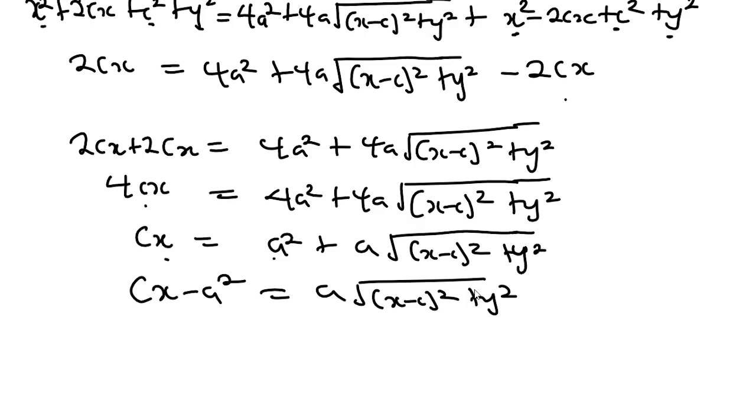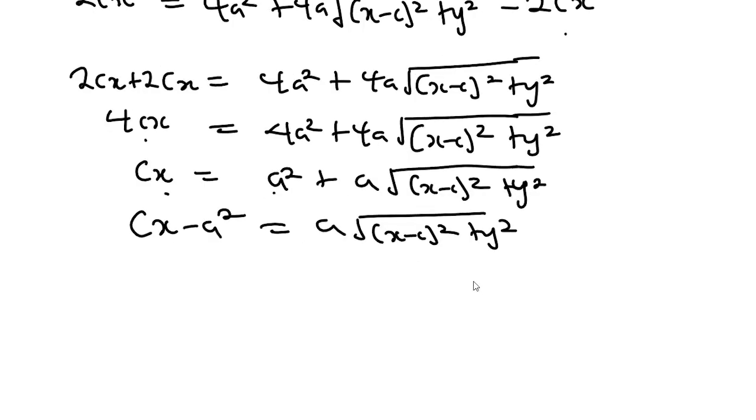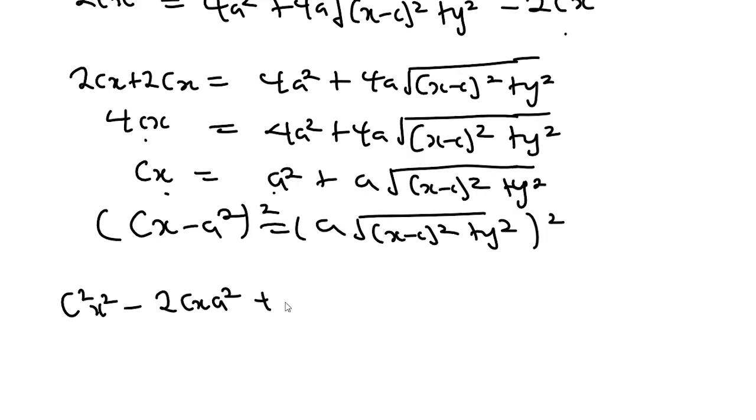Now we still have our square root in there, so we want to get rid of it. We will square both sides again. So I'm going to square this side and this side too. So what happens here? So we are going to get this side alone will give us c squared x squared minus 2cx a squared, then plus a exponent 4.